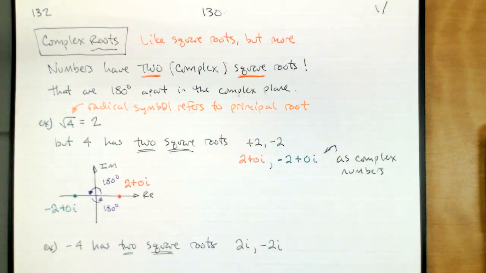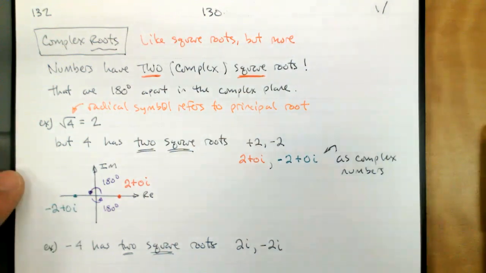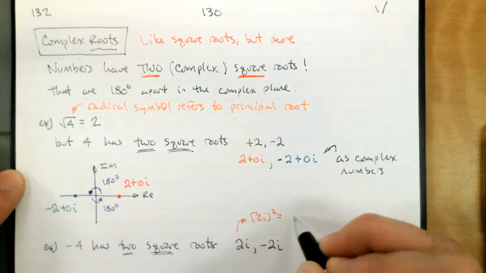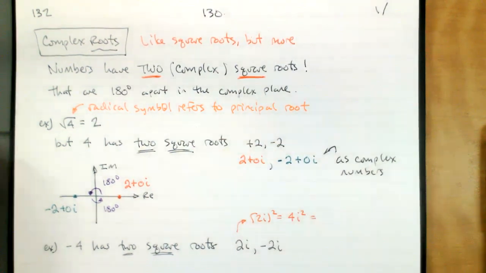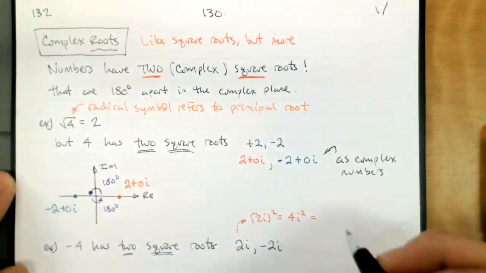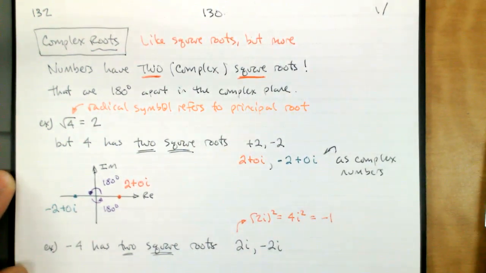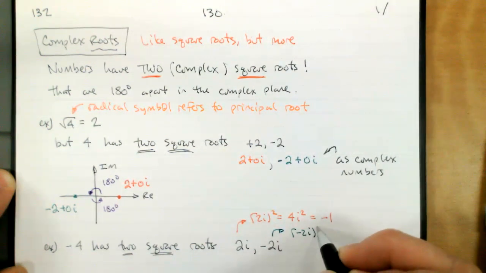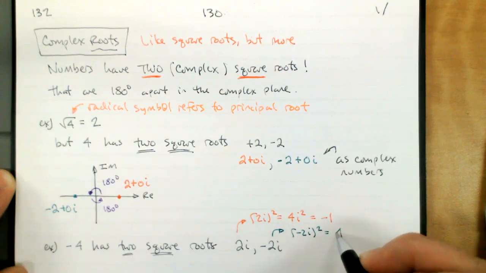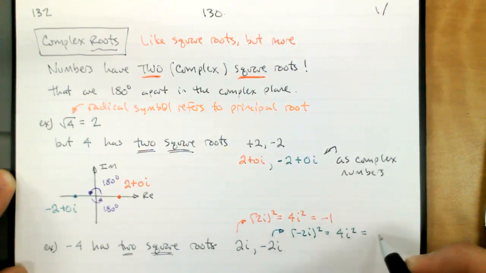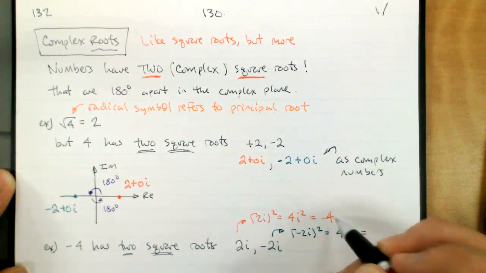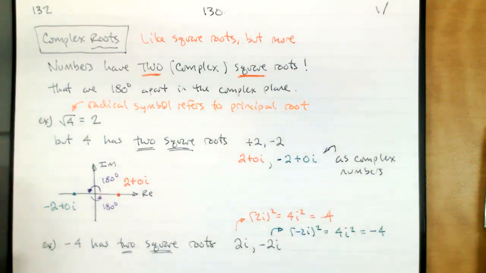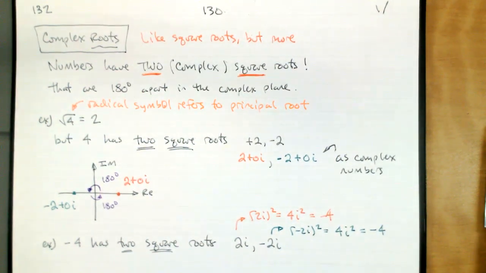If I square 2i, I get 4i squared, and i squared is negative 1. If I square negative 2i, negative 2 squared is positive 4, but then we have i squared, which is negative 1. So there are two numbers such that when you square them, you end up with negative 4.